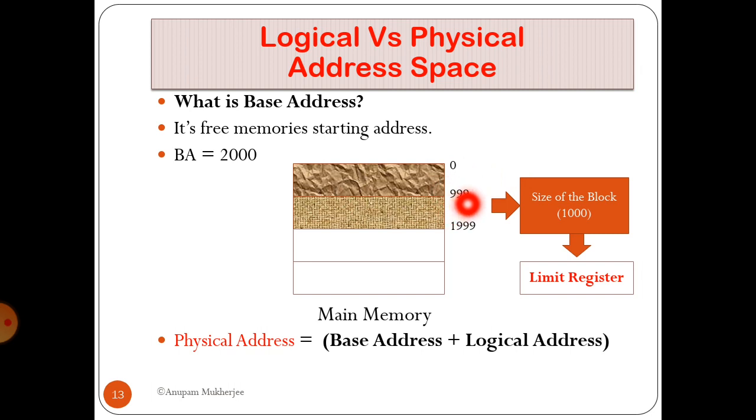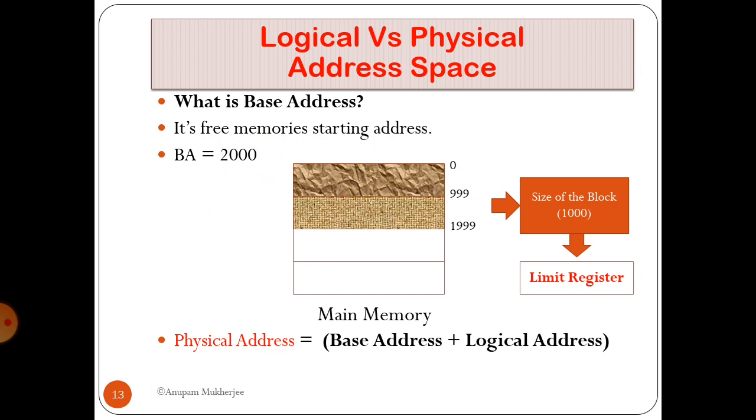So 1999 memory units are occupied, and the free memory starting address will be 2000. This will be stored in your relocation register, or base address.